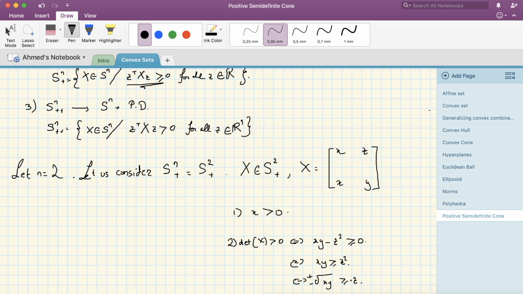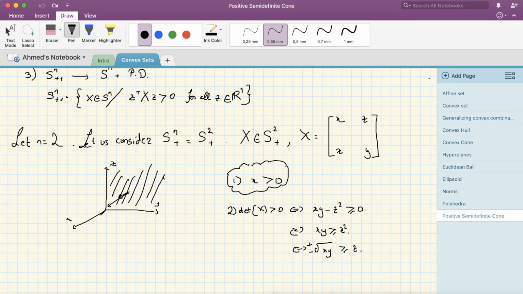So x positive means that if I want to look at it in 3D, if this is my x-axis and this is my y-axis and this is my z-axis, I'll be only looking in this half space right here. If this is the yz plane, I'll be looking at everything pointing towards x, in the positive sense. So that's one. And two, since I have a square root right here, and since my x is positive, my y is not allowed to be negative.